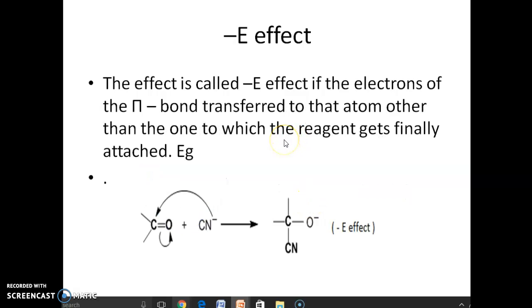If the electrons of the pi bond are transferred to the atom other than the one to which the reagent is finally attached, then it is called minus E effect.